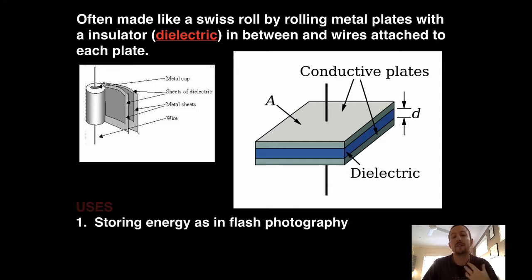Well, obviously it can store energy, and a good example of this used to be in flash photography. You used to wait for your flash to actually charge up from the battery. What you used to be able to hear was the little battery charging up your capacitor. You'd have a capacitor linked to your light circuit.